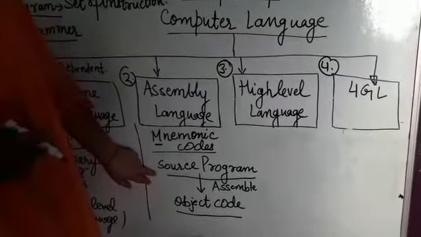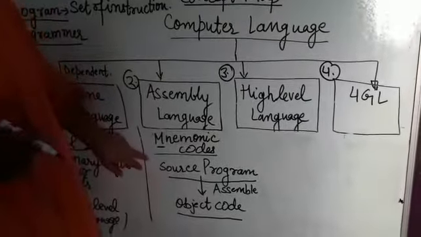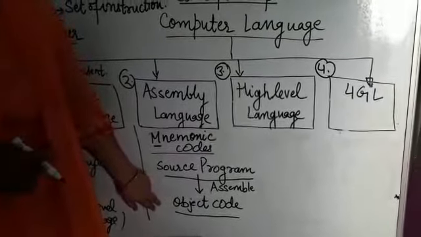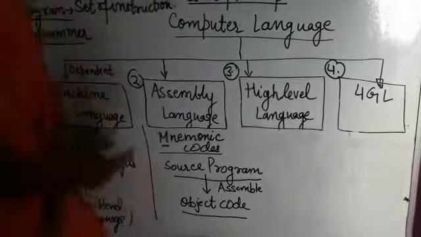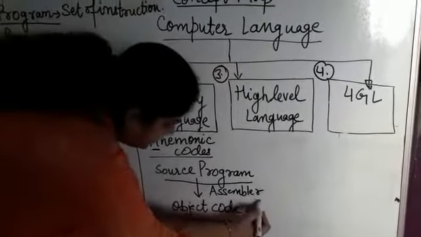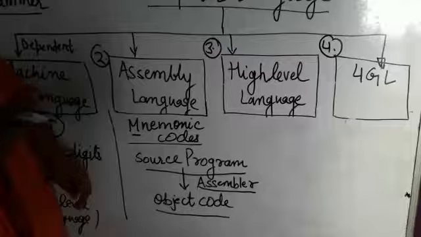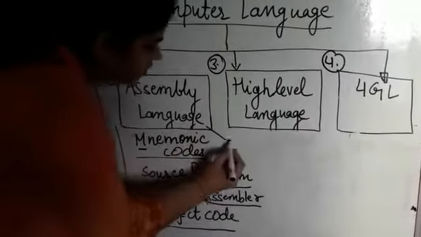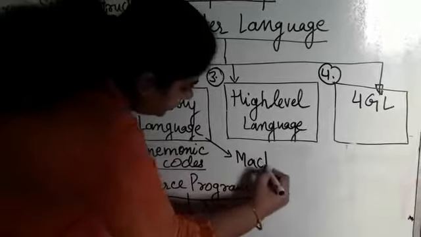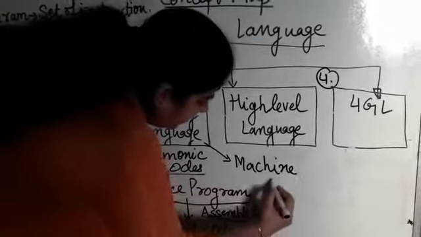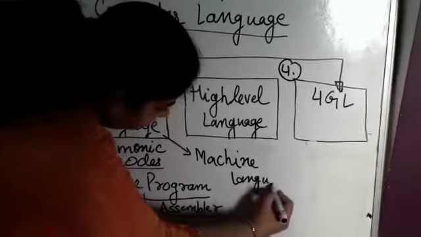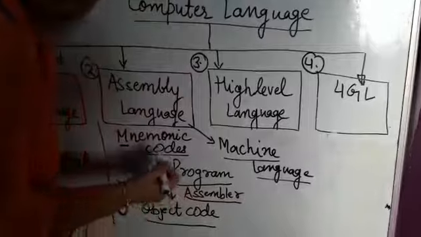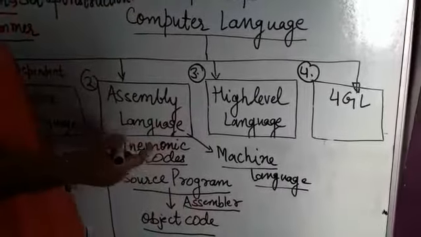The program written in mnemonic codes is converted into object code using a translator program, and that translator program is known as assembler, which converts the program written in assembly language into machine language, because computer understands only machine language, 0 and 1.